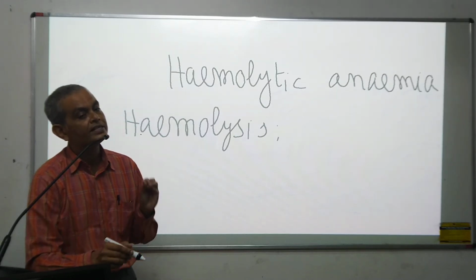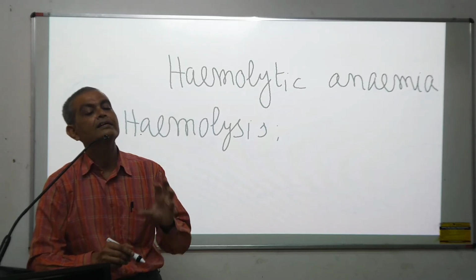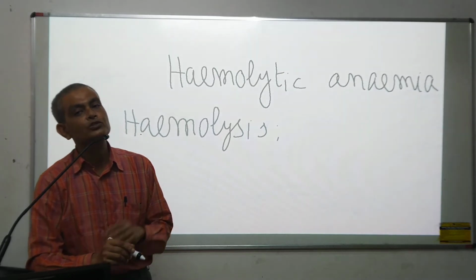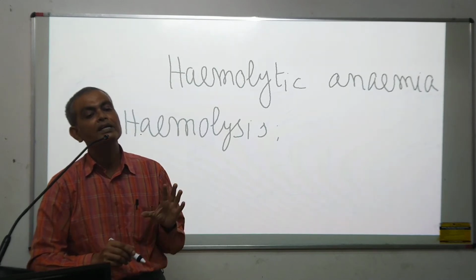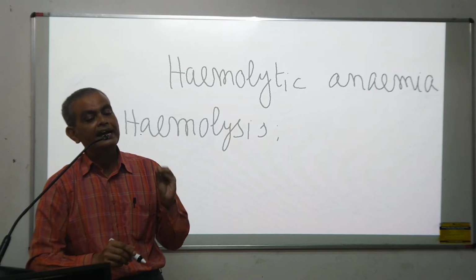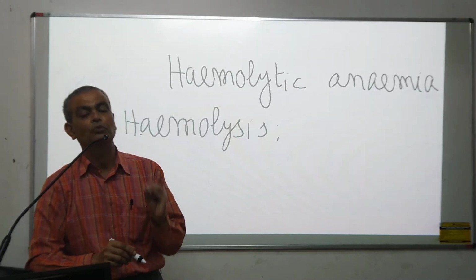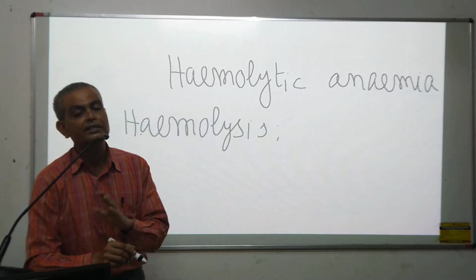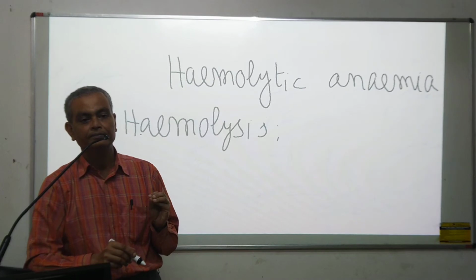So the major destructing site, or the major killing field, of RBC is the spleen. It can also be destroyed in the bone marrow, in the liver, in the lymph nodes also. But it is mainly in the spleen, and that is known as extravascular hemolysis, because it occurs outside the blood vessels, and that is physiological.